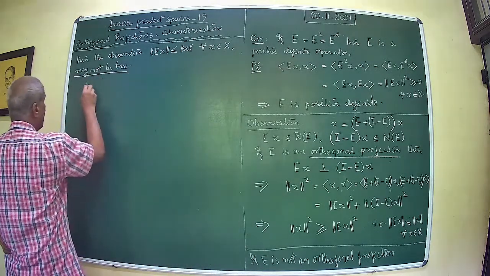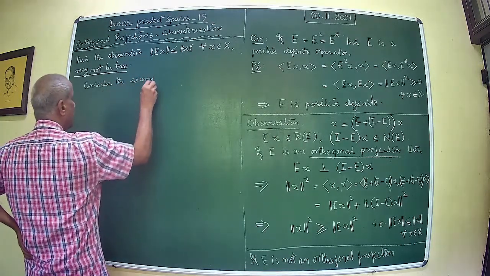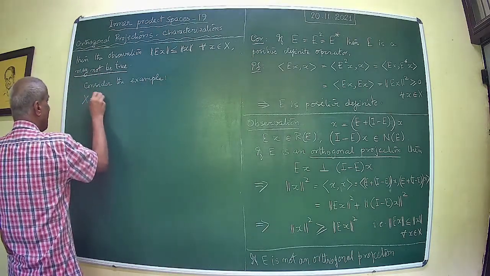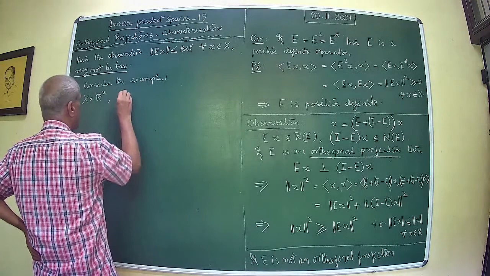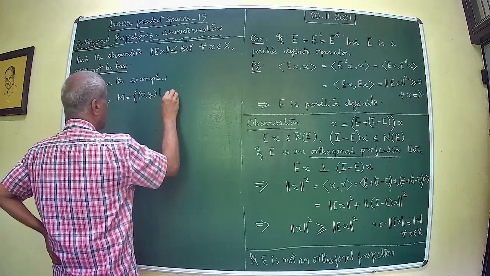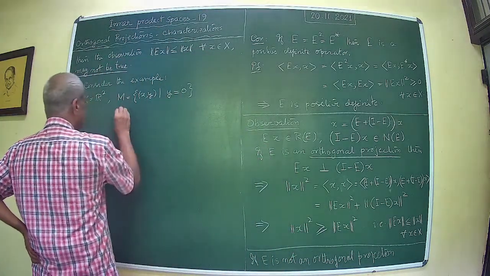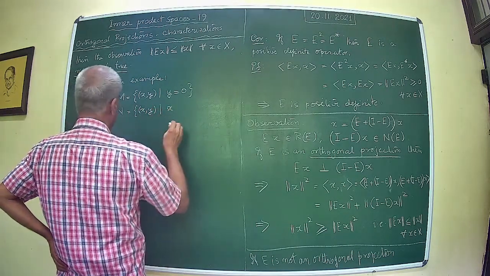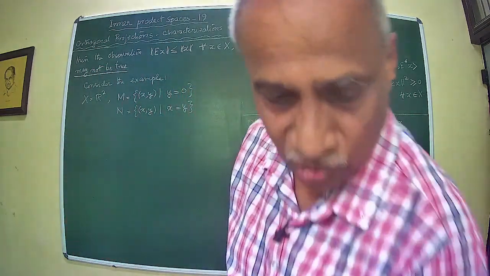So consider the example. You take X equal to R2, then we take M to be equal to the x-axis. Then N you take as x equal to y.